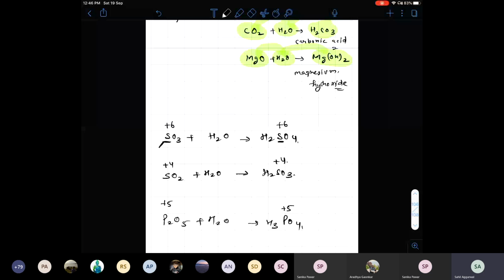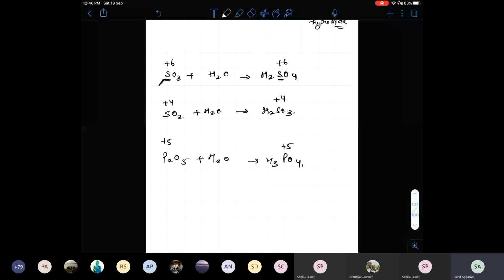What is the charge on hydrogen? You know. What charge on hydrogen you know? आपको क्या पता है हाइड्रोजन में कितना चार्ज होता है? Think of any compound of hydrogen and tell me the charge of hydrogen. +1, right? So 2 into +1 plus x minus 8 equal to 0.